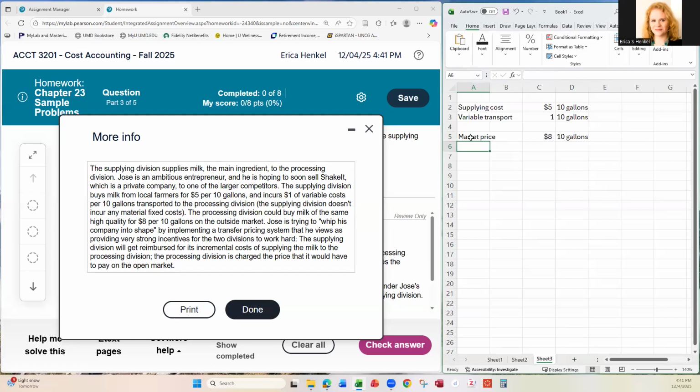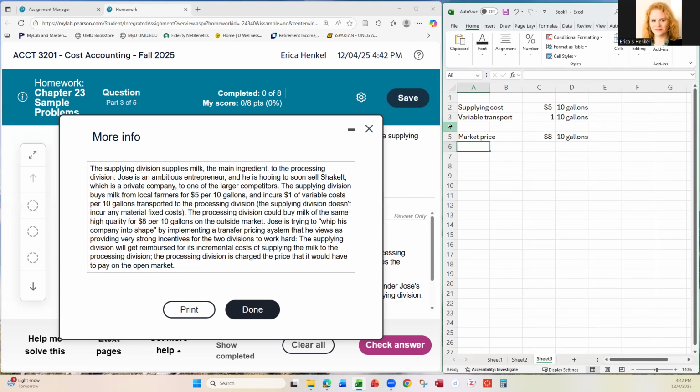And they're trying to implement a transfer pricing system to incentivize both the supplying and processing division to be more successful. Okay, so the supplying division will get reimbursed for incremental costs of supplying milk to the processing division.